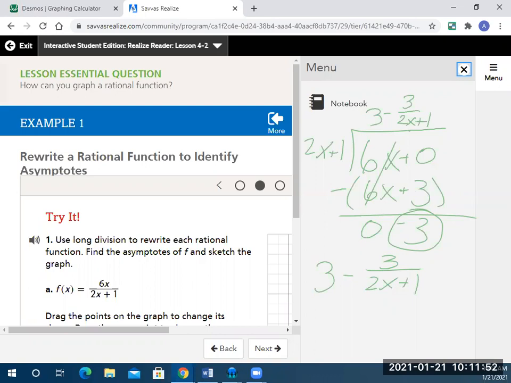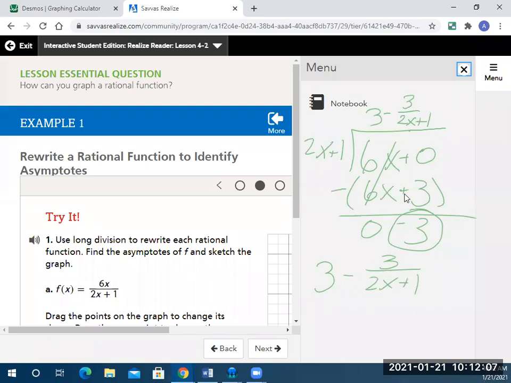But I always want to write it this way. I'm going to write 3 minus positive 3 over 2x plus 1. But it's the same thing if you wrote 3 plus negative 3 over 2x plus 1.